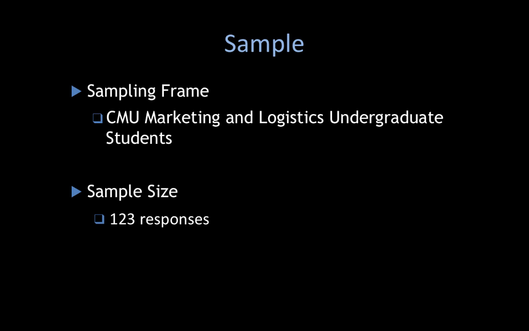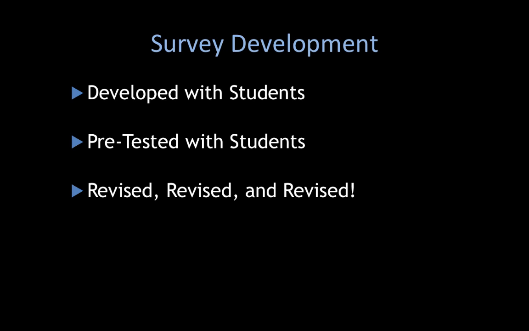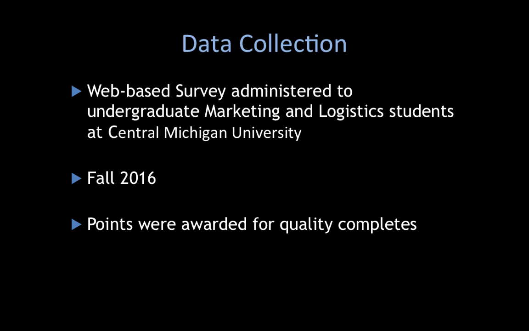Our sampling frame was CMU Marketing and Logistics undergraduate students. The sample size was 123 responses. For our survey development, we developed with students. We also pre-tested with students, and we revised. For our data collection, we used a web-based survey and administered it to undergraduate marketing and logistics students at Central Michigan University.